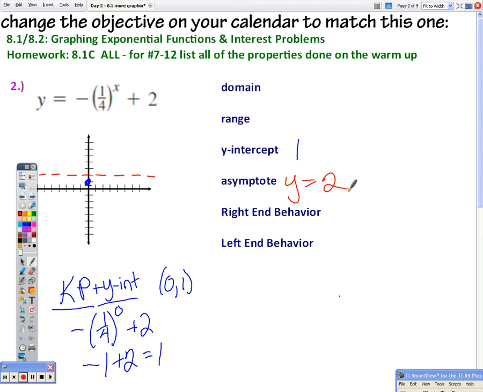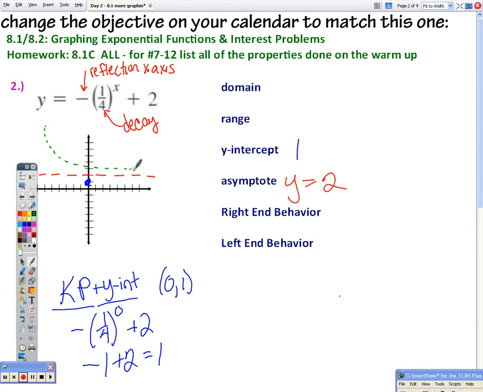And now because my key point and the y-intercept are the same, I have to use some of my other knowledge to actually get the rest of the graph. This 1/4 means it's a decay, and this negative means it's a reflection over the x-axis. So if I was going to think about what a decay looks like before I reflect it, it makes that kind of shape.